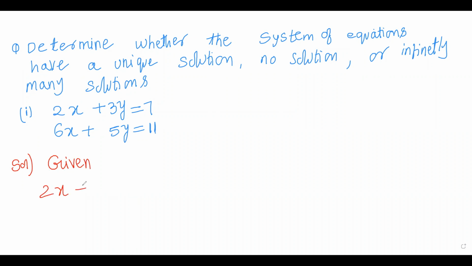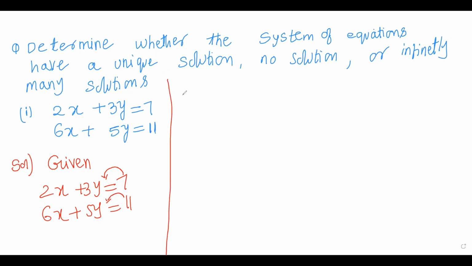First equation is 2x plus 3y is equal to 7. Second equation is 6x plus 5y is equal to 11. We need to transpose the constants towards the left hand side. So 2x plus 3y minus 7 is equal to 0, and the next one is 6x plus 5y minus 11 is equal to 0.